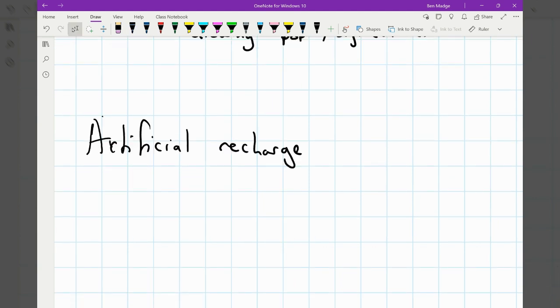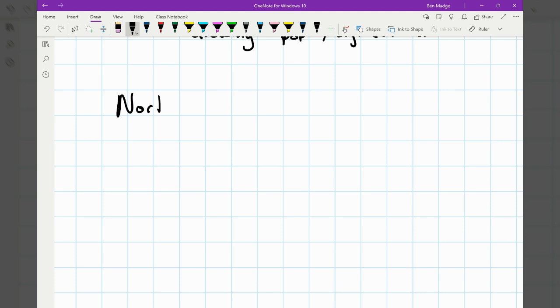Another example then is the North China Plain. Which is a really productive agricultural region of China, but there's not so many rivers, so a lot of groundwater is used for irrigation.